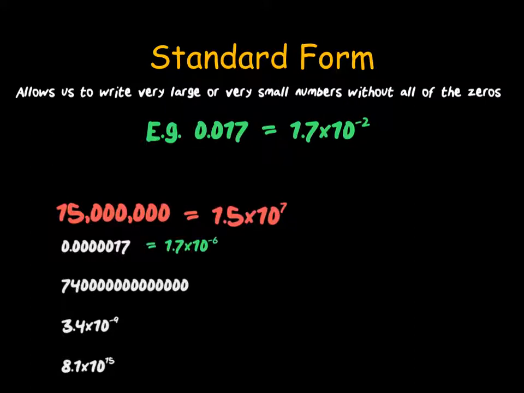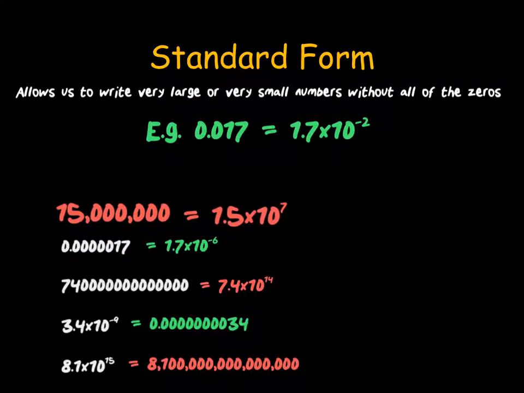Our second number is very large, so the decimal point will be moving to the left. We have 1, 2, 3, up to 14. So 7.4 times 10 to the 14.